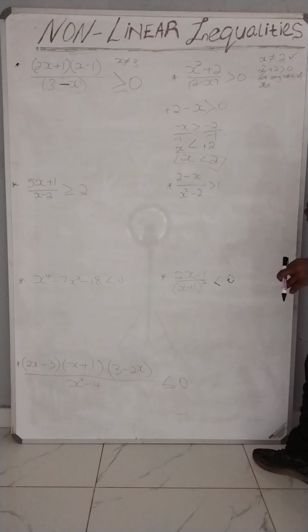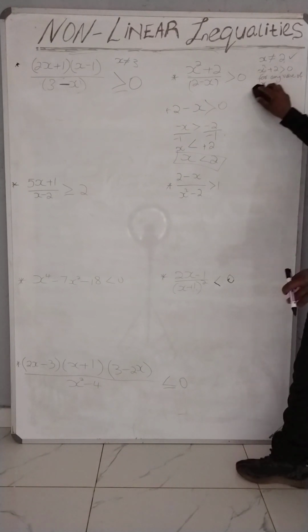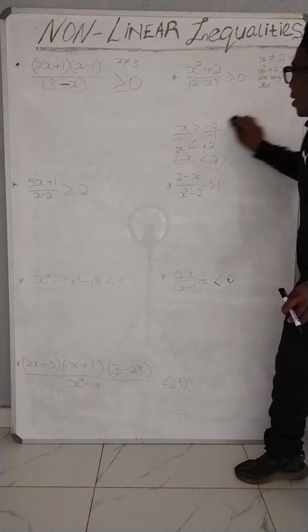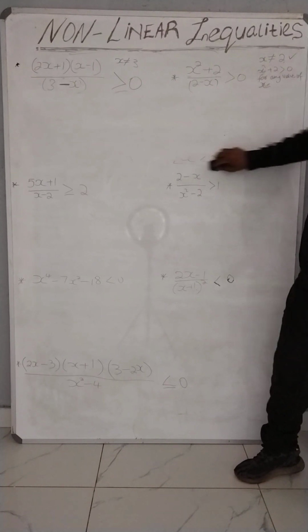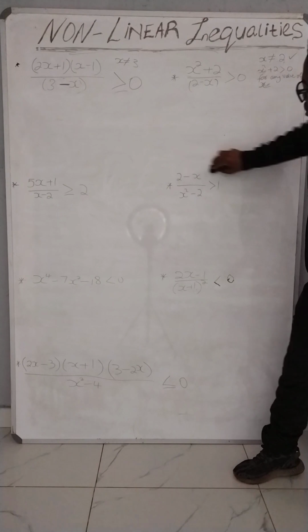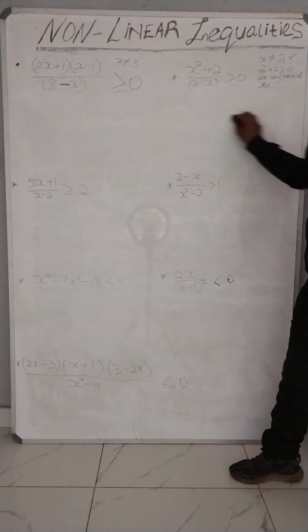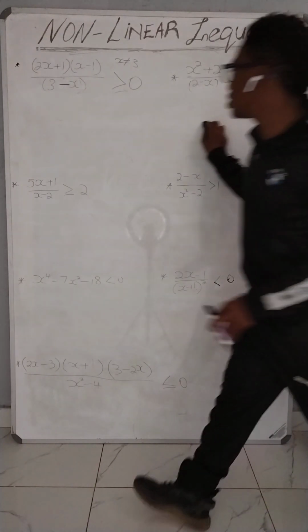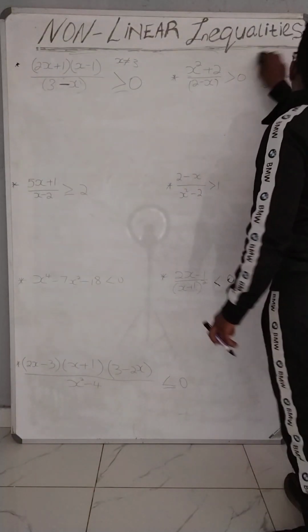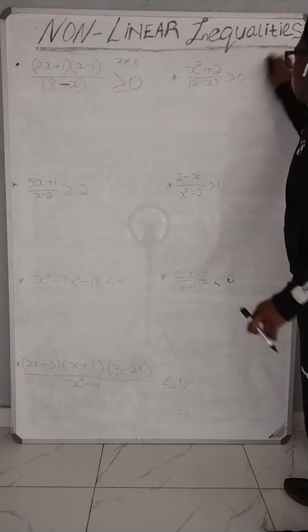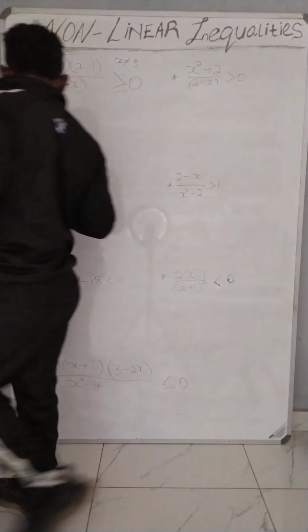I hope that you were able to get it. In the interest of time and cleanliness, I'm going to remove this. You can always rewatch the video or pause the video if you did not understand or if you wanted to see something. Okay, right, so we are moving to this one.